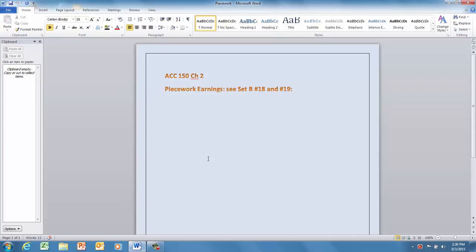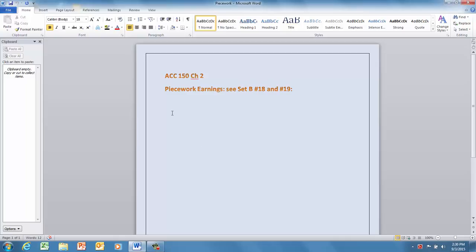Here we're taking a look at calculating piecework earnings, and this is similar to number 18 and 19. In 18, Courtney worked 46 hours and produced 1,450 units at a rate of 38 cents a unit.